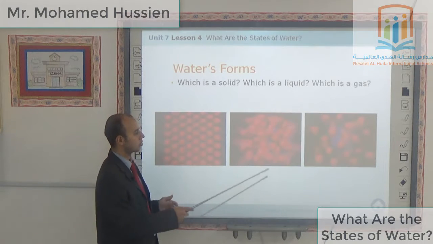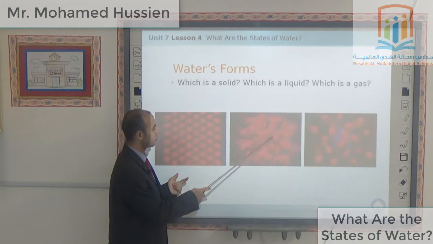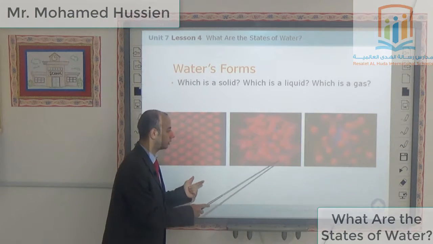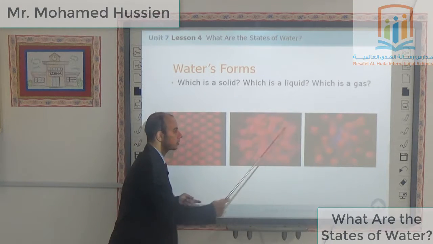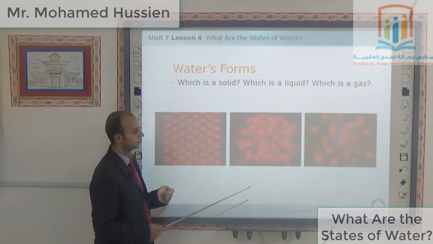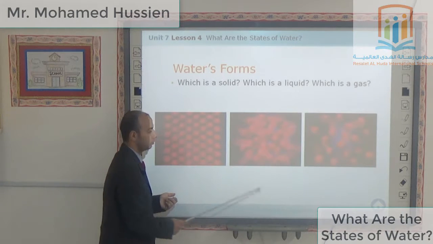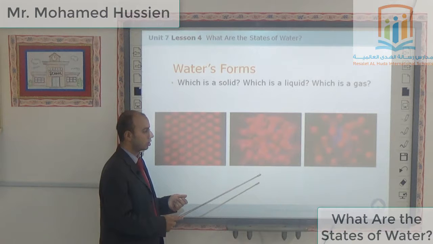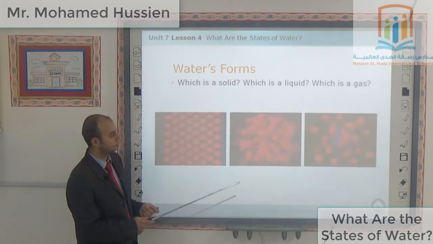As you know, this is called condensation. So you have melting from solid to liquid, from liquid to solid is freezing, from liquid to gas is what? Evaporation, right? And from gas to liquid again is what? Condensation. Okay?